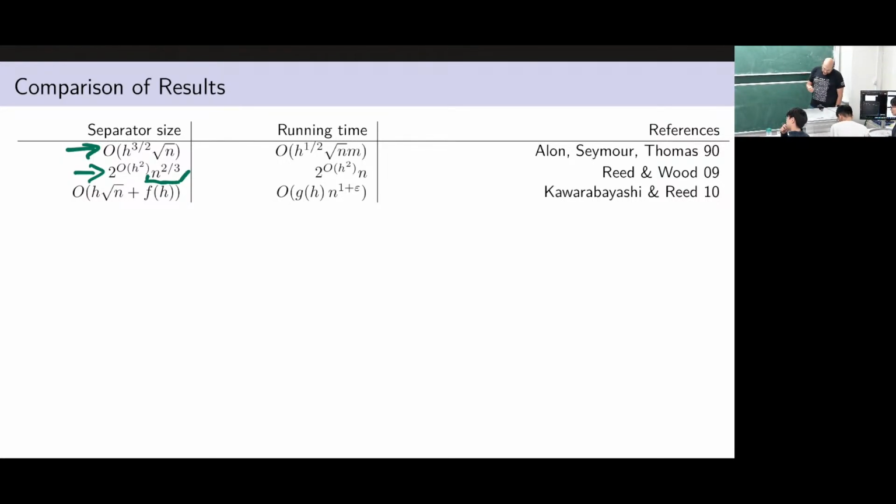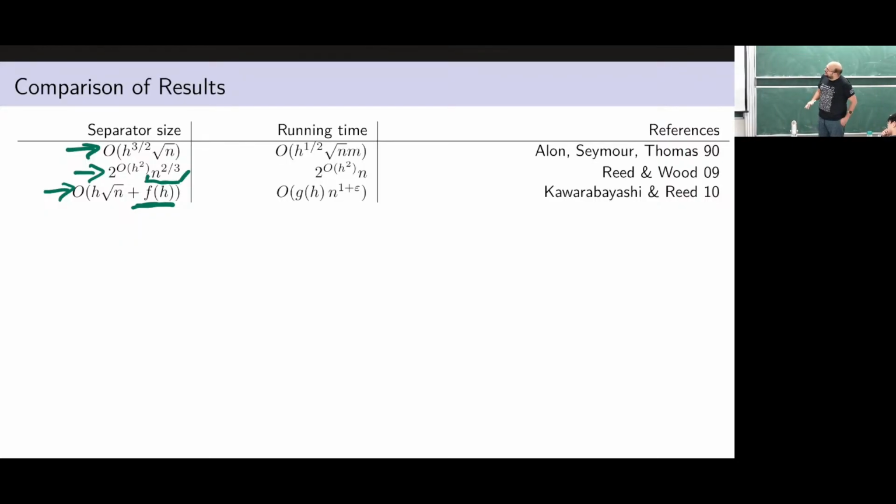There is also a linear separator size in h, so h times square root of n, but with a caveat that there is some f of h additional factor, and this f of h is some composition of tower of exponentials. So really, if we think then h is some log n or something like that, then this is really not great.